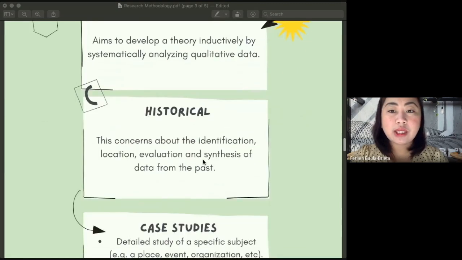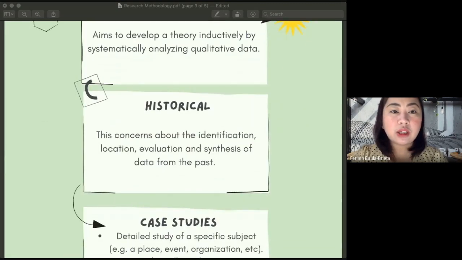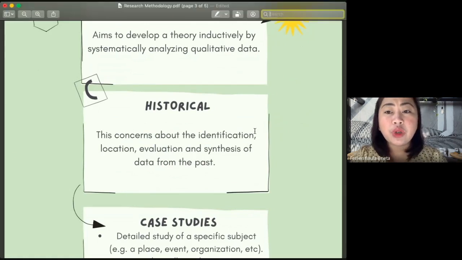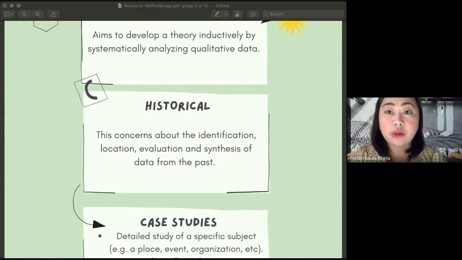Now, the next design is called the historical research design. Historical research design is concerned with identification, location, evaluation, and synthesis of data, of course, from the past. It describes past events, problems, issues, and facts.